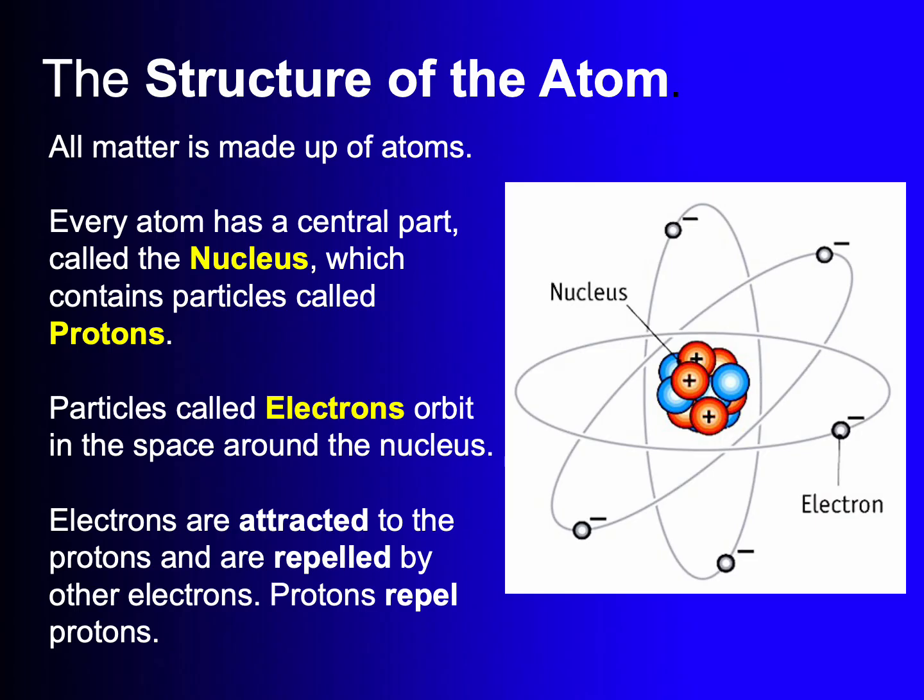Unlike charges attract. Alright. So I just want you, for the moment, to take down opposites attract. Opposites attract, e.g. electron attracted to proton. Opposites attract, negative electron attracted to positive proton.